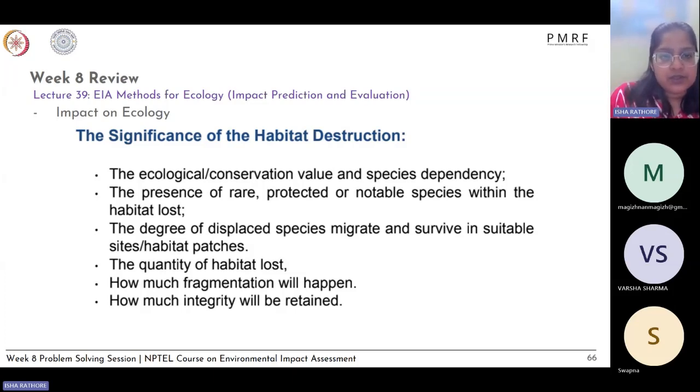So you need to look at the significance of the habitat destruction, because any sort of construction activity, any sort of proposal is going to lead to habitat destruction or habitat modification only. So you need to address the habitat destruction and the different aspects coming out of it in detail and give mitigation measures for it as well.